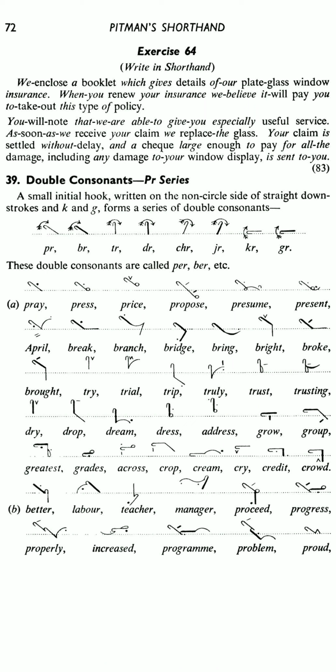Trip, ter through the line with P, light dot on the third place of P is used here before P. Truly, ter through the line upward L, heavy dash on the third place of L, upward L before it and light dot on the third place of upward L after it. Trust, ter with ST loop on the line, light dash on the second place of T after it. Trusting, same outline on the line with NG stroke.